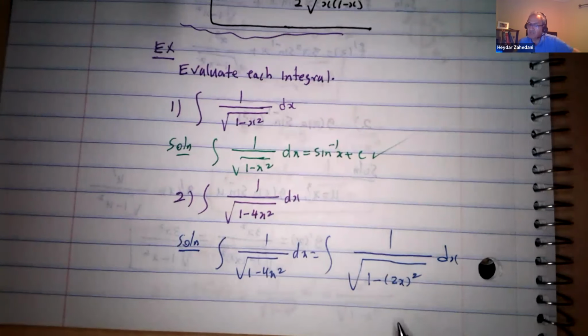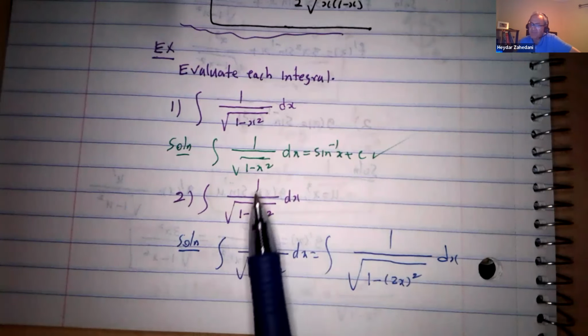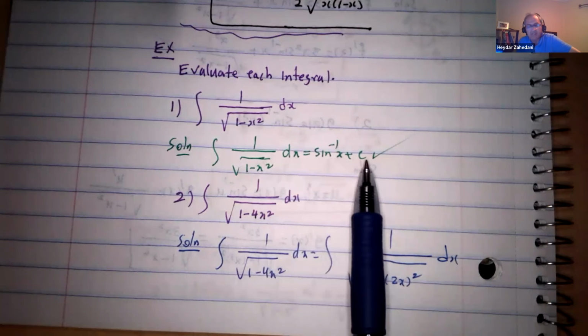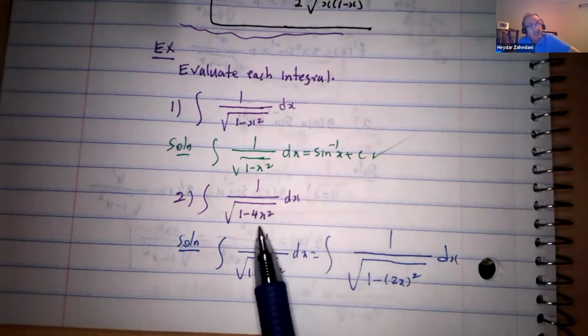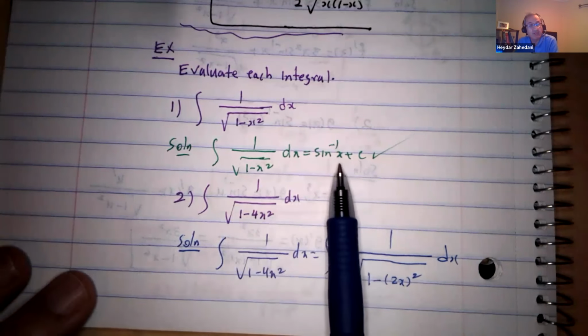So this means if you take the u to be 2x, that would be u squared. Then you'll be able to do it by the substitution method. If it's just x squared, you're done. It's going to be sine inverse of x plus c. Anything else, you have to change it to the u. When you change it to the u, same formula.